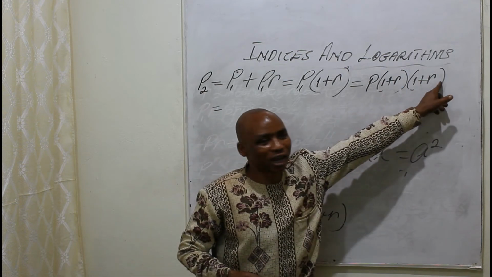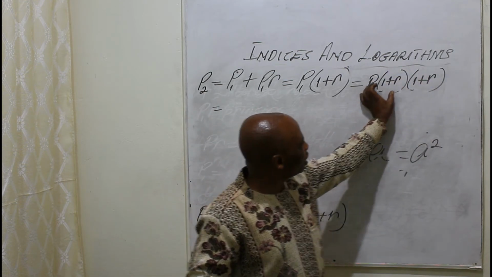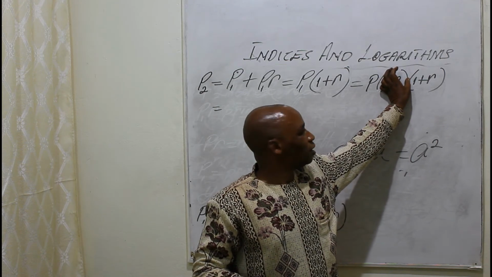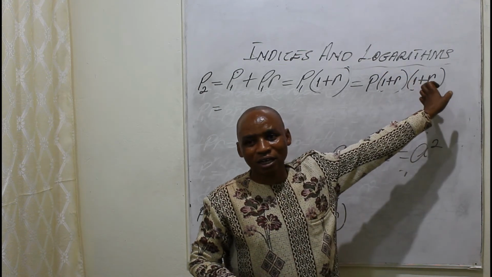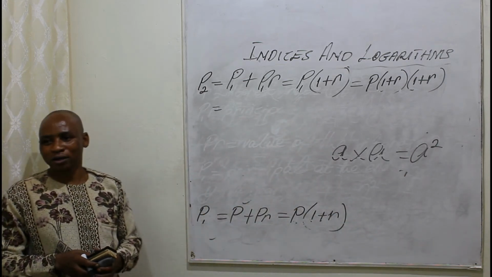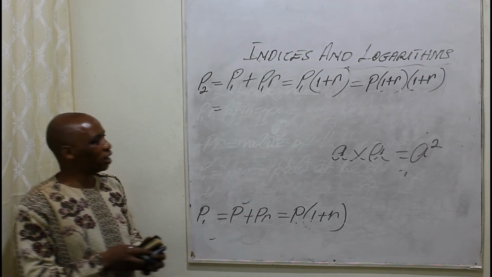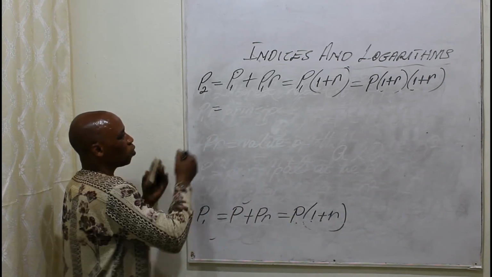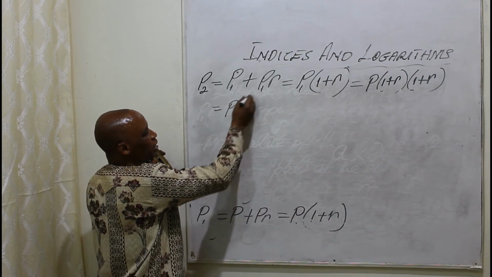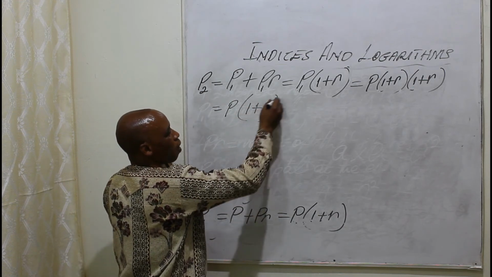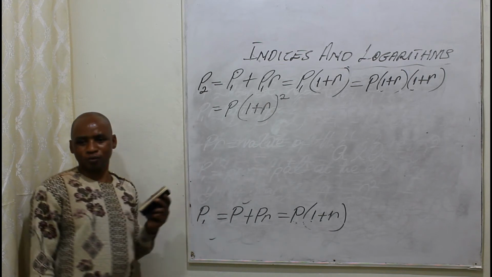The same thing applies here. So here, let's say the 1 plus R is taken as A, and this 1 plus R is taken as A. So they all have exponent of 1. So when you add the exponents, you end up getting 2. So you end up getting P times 1 plus R, all raised to the power 2.